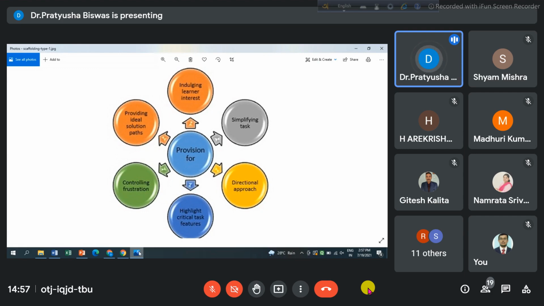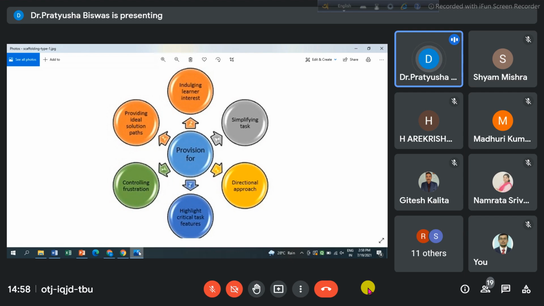Scaffolding has a certain technique and certain rubrics which need to be worked upon and which provide clarity when they are done in a structured format. If you see the provisions under scaffolding, it's a directional approach. Directional approach means you decide what part to include, what part to exclude. You have that control over the content.